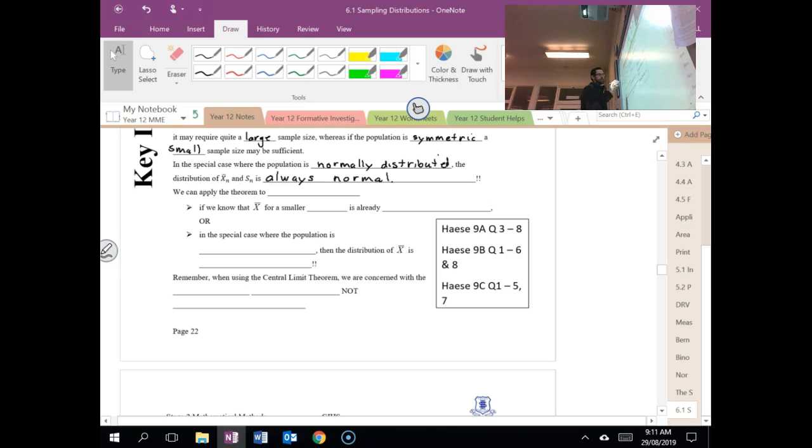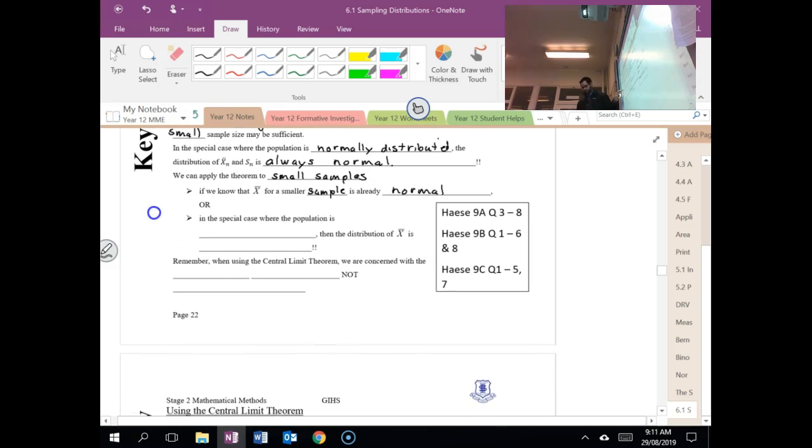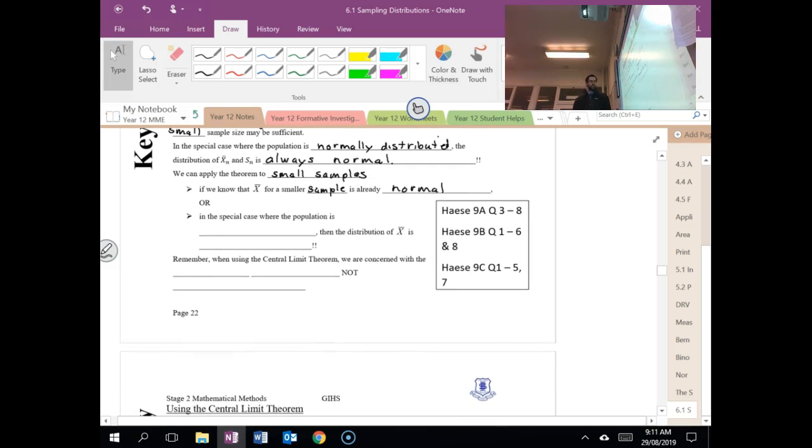So we can apply the central limit theorem to small samples if we know that x bar for a smaller sample is already normal, or in the special case where the population is normally distributed.